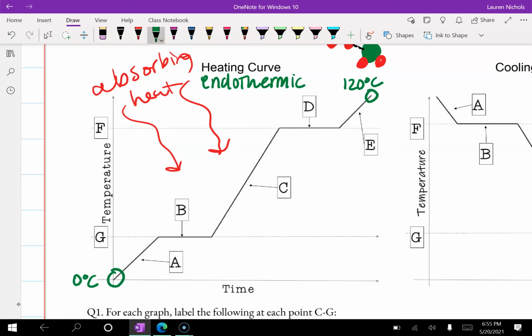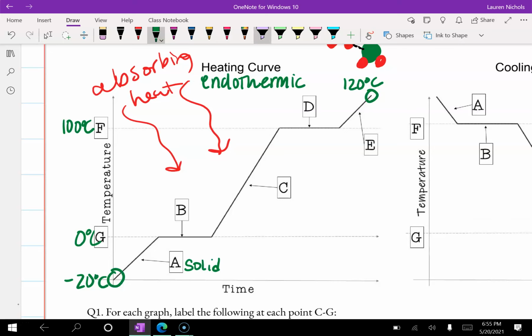Now, actually, let's say this is like negative 20 degrees Celsius, because what happens at 0 degrees Celsius for water, G and F represent the melting and boiling points of water. So when water is below 0 degrees, anywhere from 0 to negative 20, this is where you have a solid.